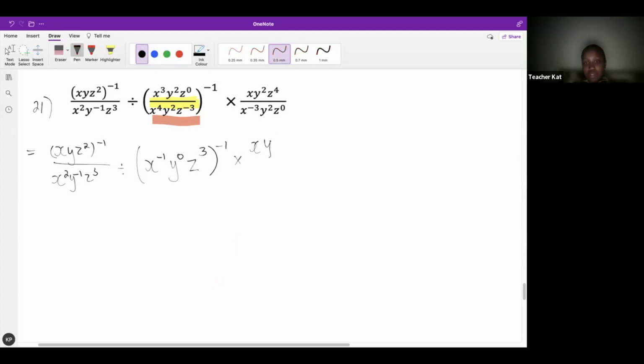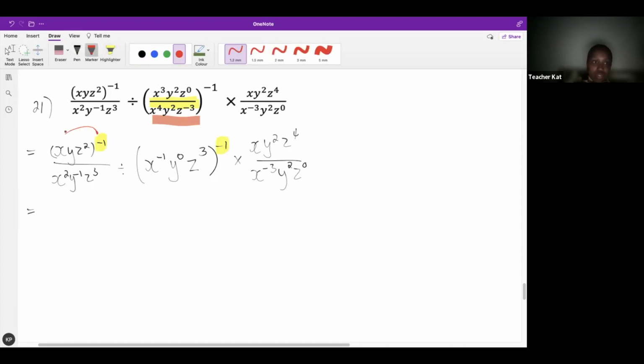So then it's x, y squared, z to the 4 over x to the negative 3, y squared, z to the 0. We have dealt with brackets. What's next? Motibang has said it in the chat. We're going to distribute this guy and that guy. My numerator over here, my new exponent is what?